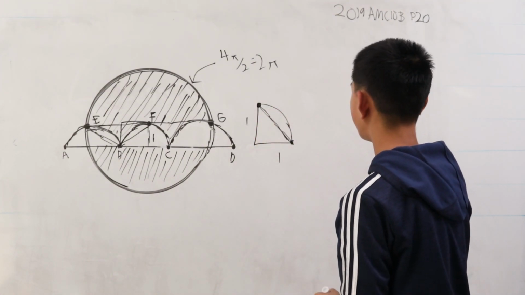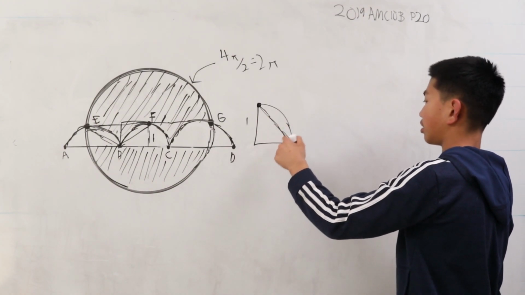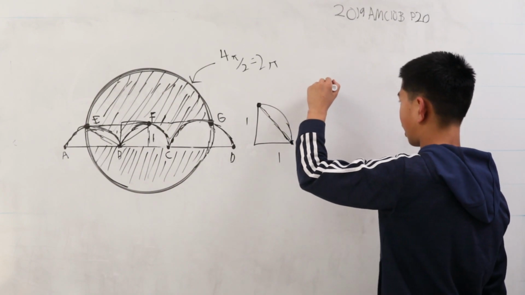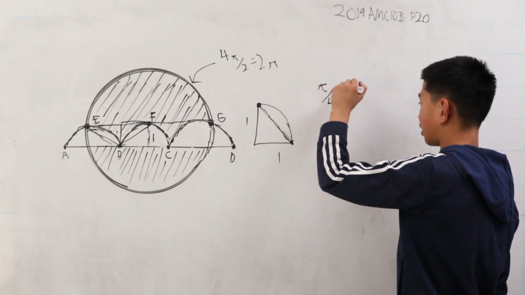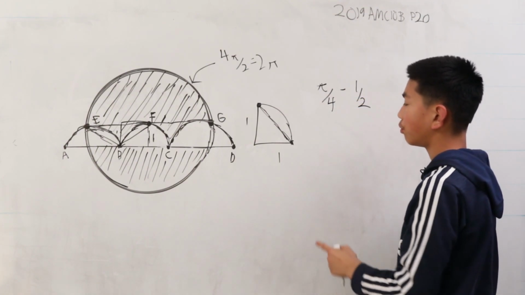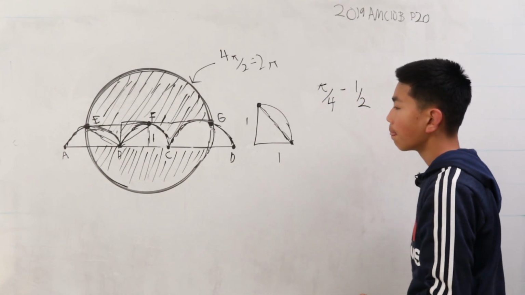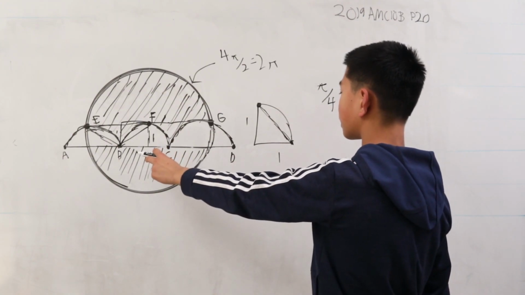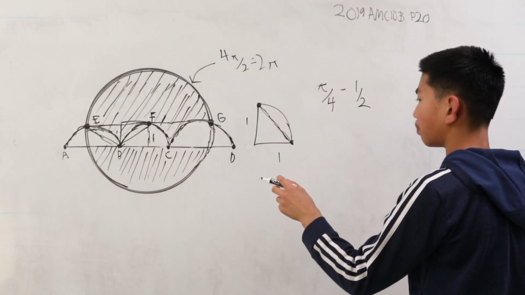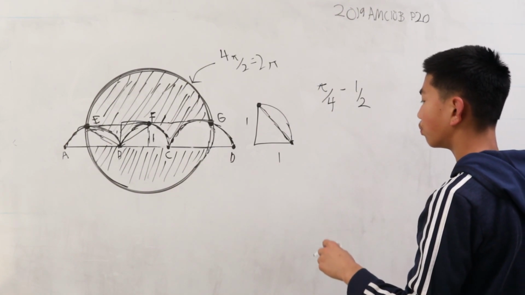We can now form an equation for this quarter of a circle. This is pi over 4 minus the area of the triangle, which is 1/2. Since there are 2 of these, we want to multiply that by 2.